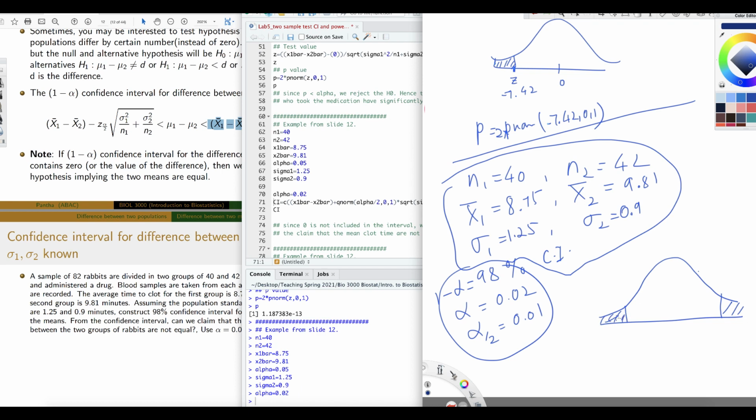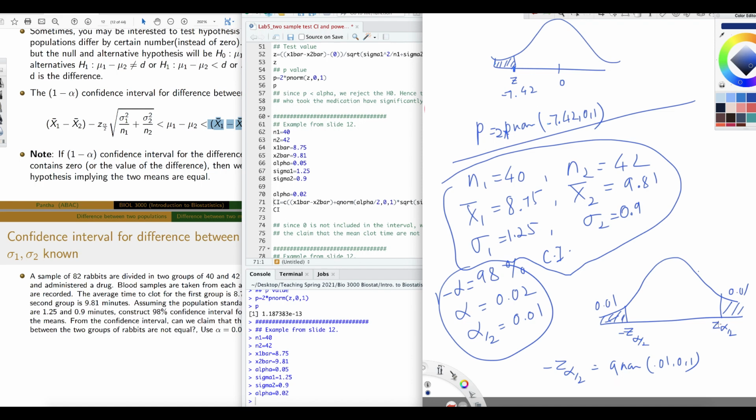So alpha half is 0.01 here, this is 0.01, so this will be denoted by negative z alpha half, and this will be denoted by positive z alpha half. To find negative z alpha half, it will be qnorm and then 0.01 and then 0, 1. If you do that, it will give you the value.